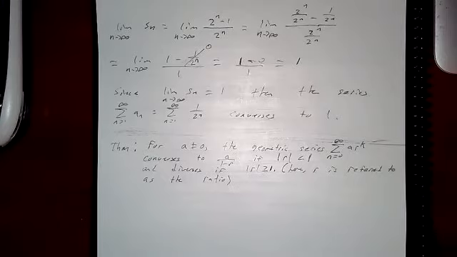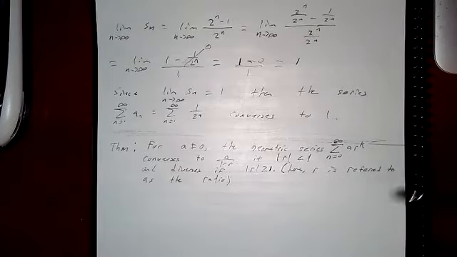Okay. So let me show you an example. So this is for geometric series. Whenever you see a geometric type, you're going to use this to prove and show that it converges.